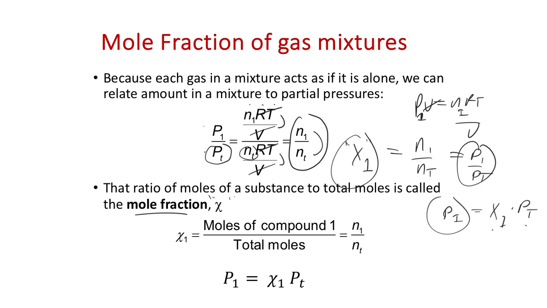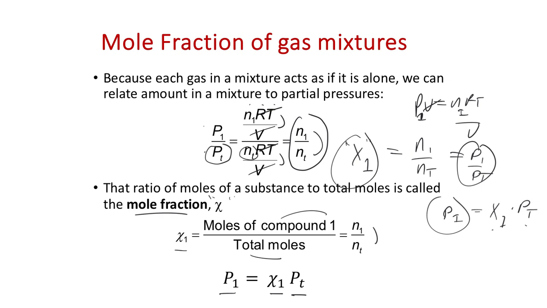Sounds like a lot, but what we're saying is that if you multiply the total pressure by the mole ratio of a component, you get the partial pressure of that component. So X1 is the moles of compound 1 compared to the total number of moles, that's N1 over N total. So the partial pressure of 1 is the mole fraction of 1 times the total pressure.